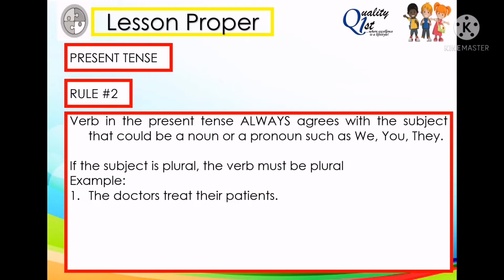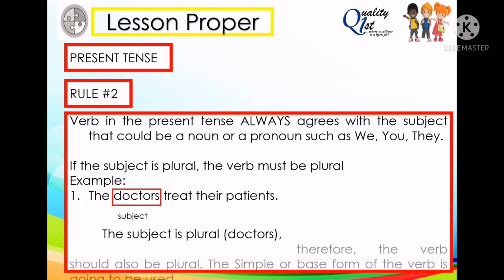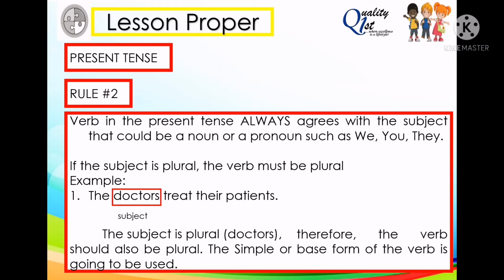Now, for number 1, the doctors treat their patients. Now, the subject is plural. You have doctors. Therefore, the verb should also be plural. The simple or the base form of the verb is going to be used. You have treat as the verb. Okay?